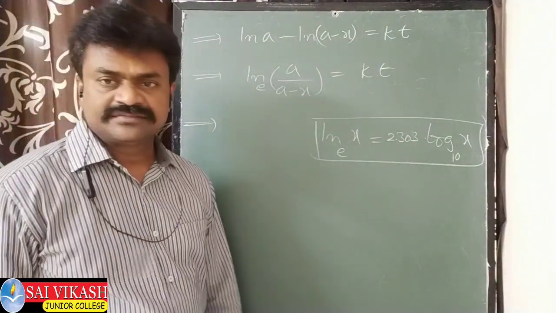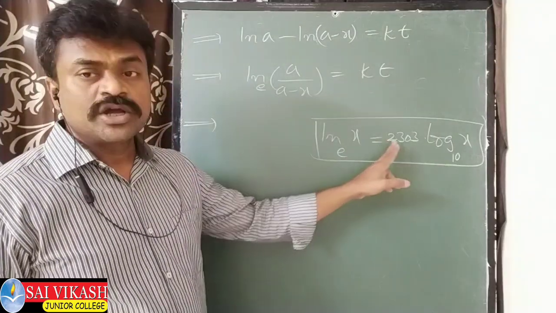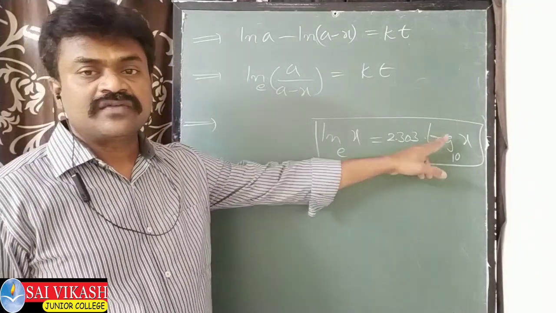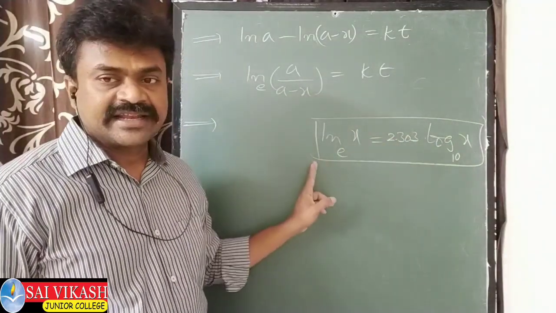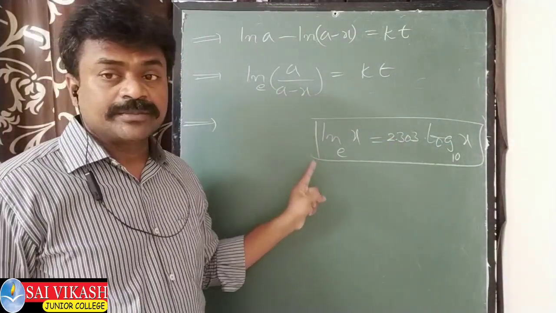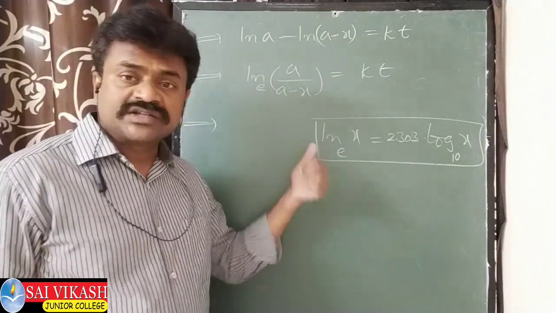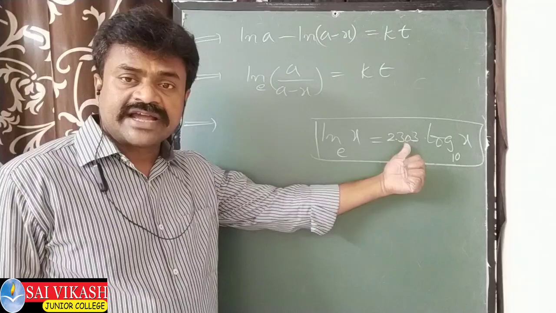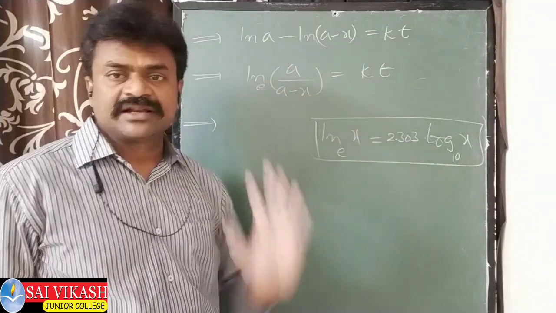This is the formula. ln x to the base e is equal to 2.303 of log x to the base 10. X value same, but here ln to the base e, log to the base 10. If you want to convert the natural logarithm to the common logarithm, 2.303 से multiply करना है बस.